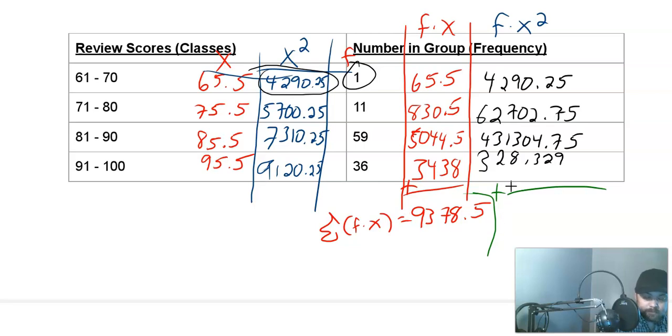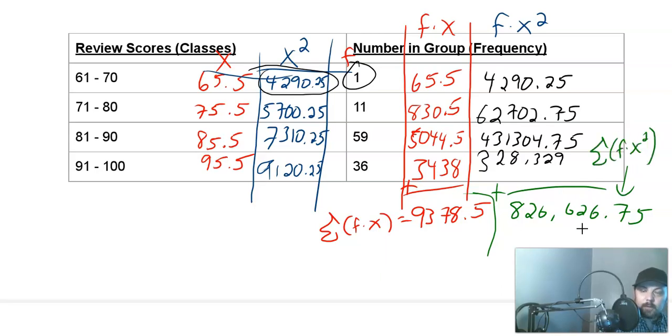And I end up with 826,626.75. All right. And so this number here is the sum of the frequencies times the x squareds.